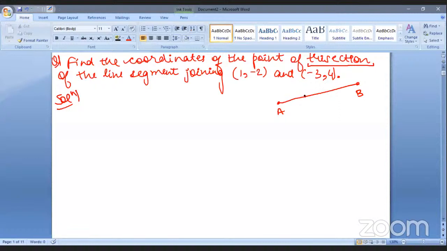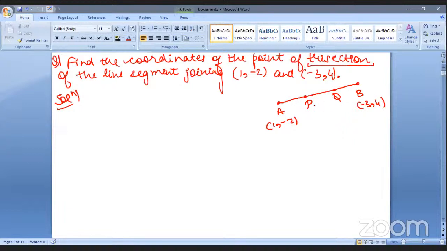But here we'll make 1 point here and 1 point here, and these would be 3 equal parts. Let it be P, let it be Q. We know the coordinate of this point, and we also know the coordinate of this point. Now we need to find the coordinates of the points of trisection, which means that we need to find P as well as Q.